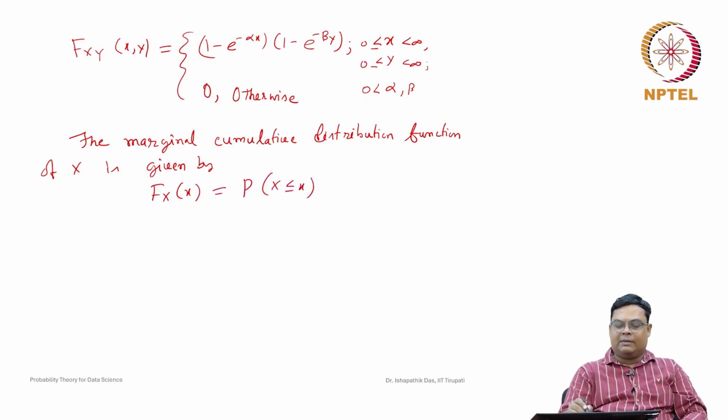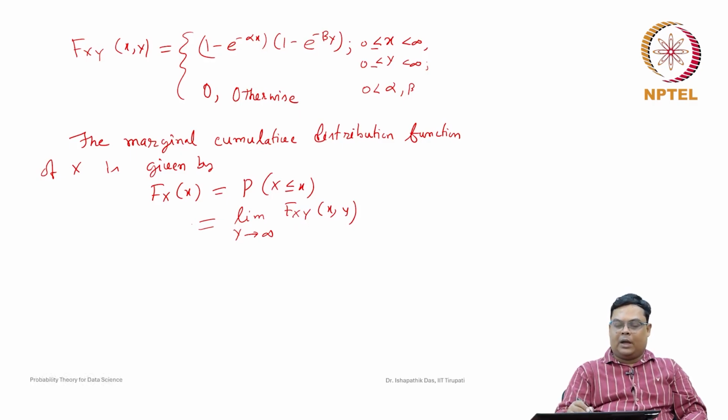How can we find this value? By definition, as we have already discussed, it is found by taking the limit of the other coordinate: the limit as y goes to infinity of F_XY(x,y) is nothing but F_X(x).